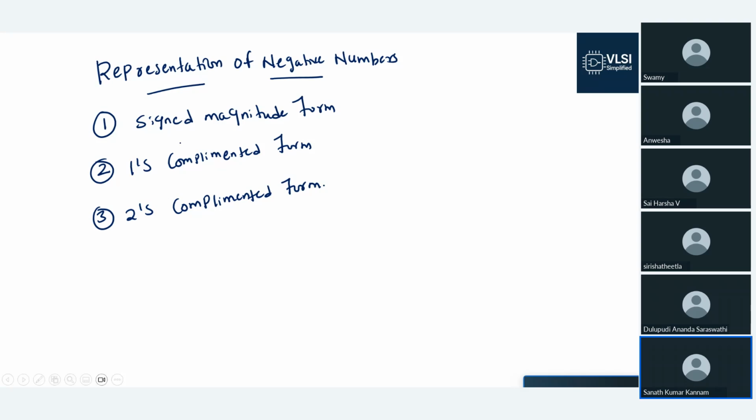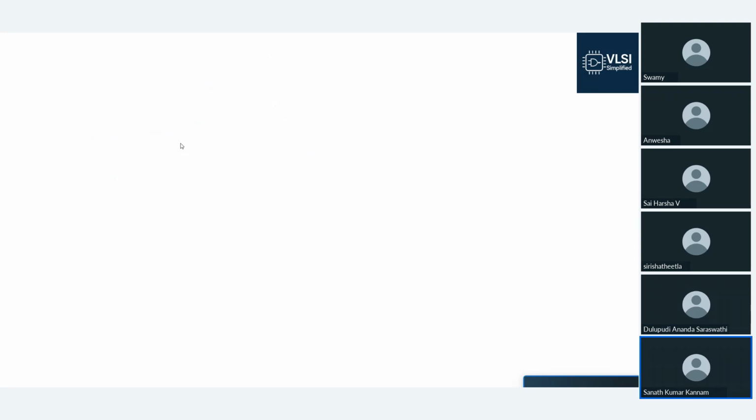So these are represented in three forms: sign magnitude form, 1's complement form, and 2's complement. Each and everything we'll see clearly.